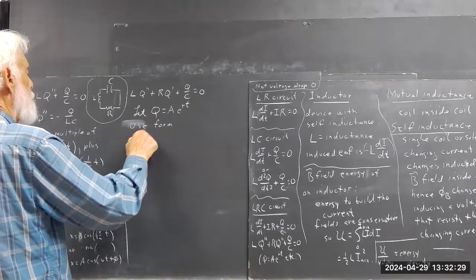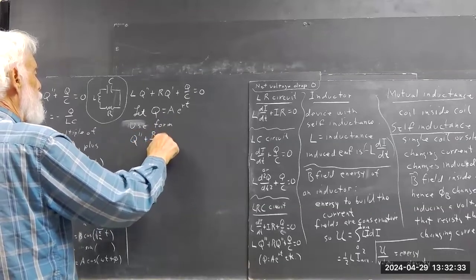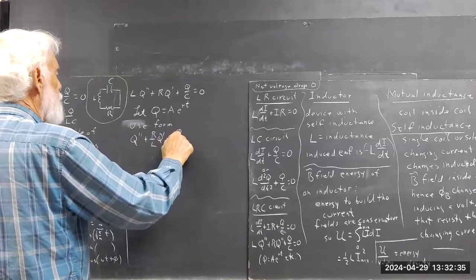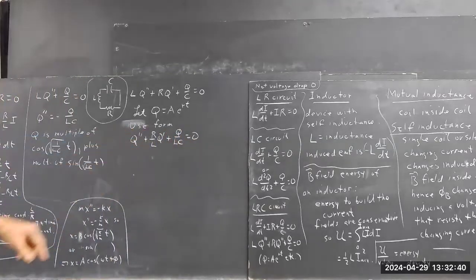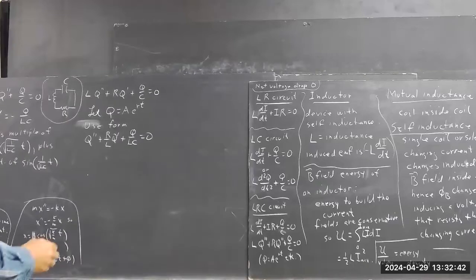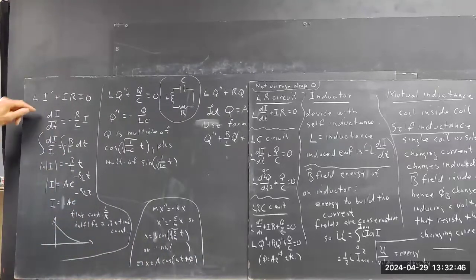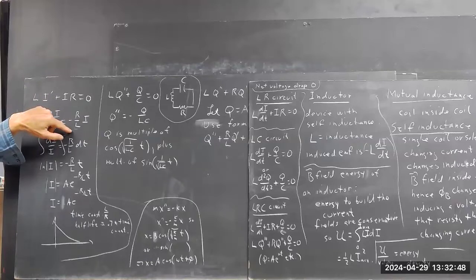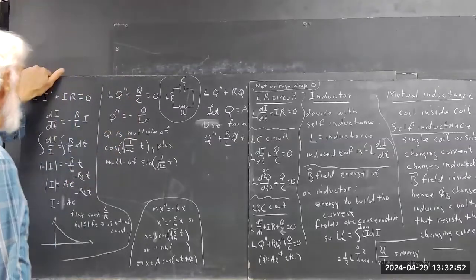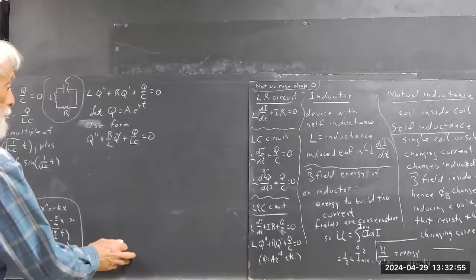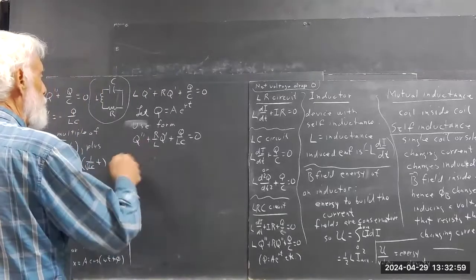So we have Q double prime all by itself, then we have R over L Q prime, and then Q over LC. Let's say that we get our R over L that we have. It's going to be part of our solution. You've got the Q over LC thing. That reciprocal LC is going to be part of our picture. Okay, so what do we get?